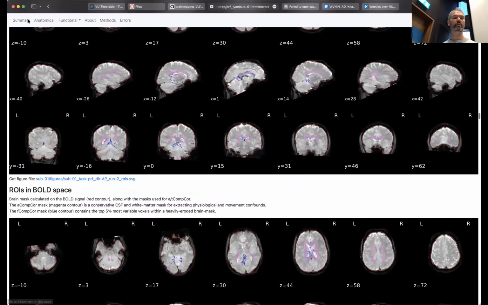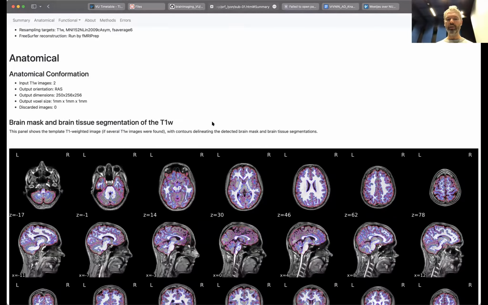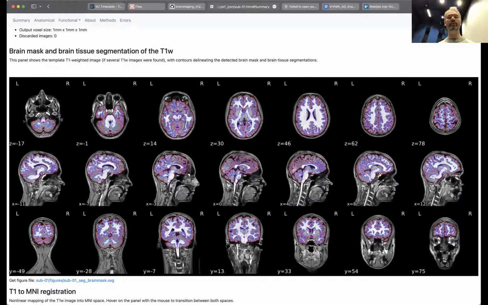So let's go up, all the way up. I'll just click on summary because that's at the top. So let's go through this step by step, right? So you can see the different types of data that were contained in this data set and the different types of processing that happened on these data. So you can already see this sort of brain picture at the bottom. This is the result of the anatomical processing.